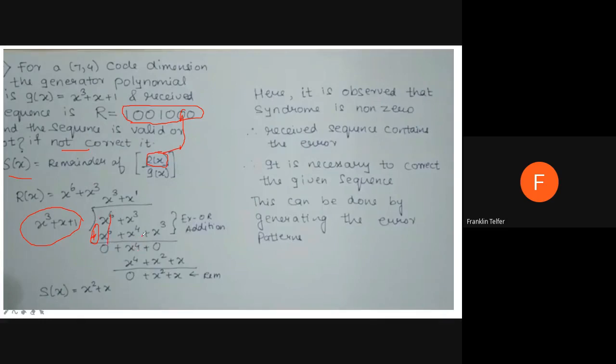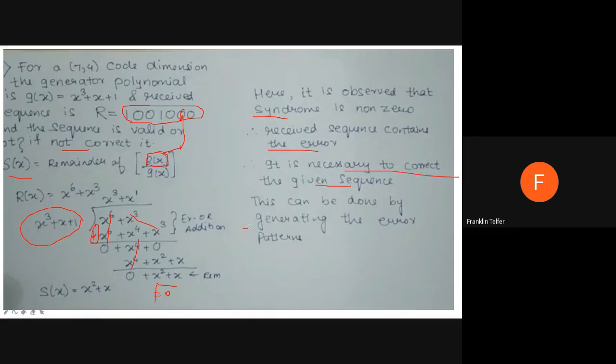You have x power 4, and so on. Next, x power 4 plus x cancels out. The remaining is x square plus x as the remainder. From this you can say that it is not equal to 0, so you have an error. This syndrome is not 0, so the sequence contains an error and it is necessary to correct it.